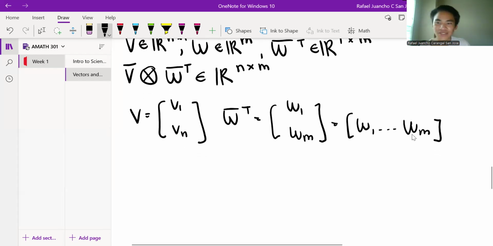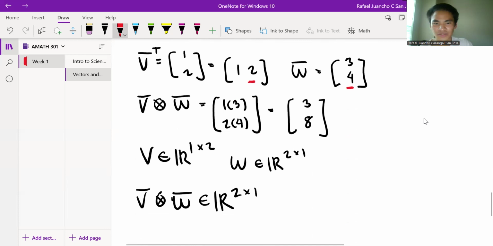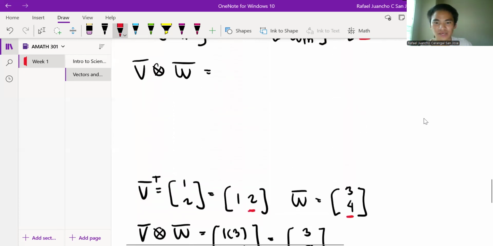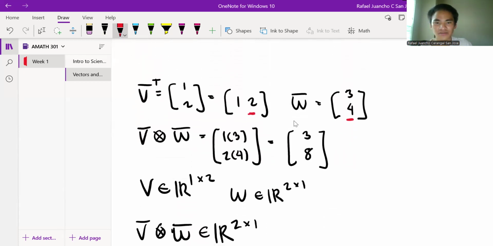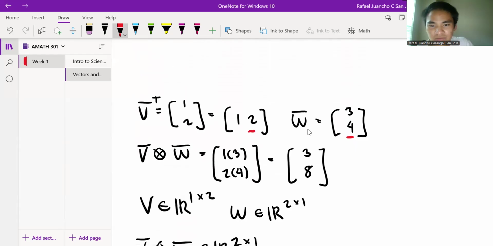And what did I say about multiplying these things? So if we get their outer product, well, we go through this and we go through here, right? I think that's what we did. 1 times 3, 2 times 4.